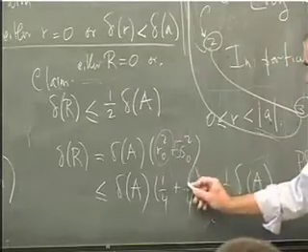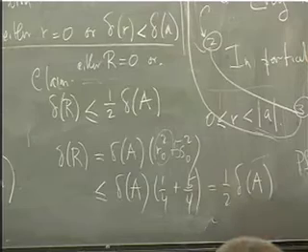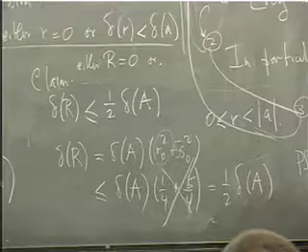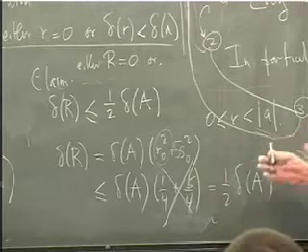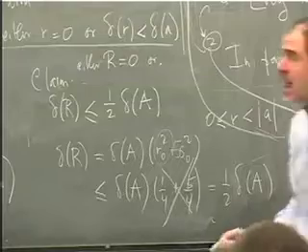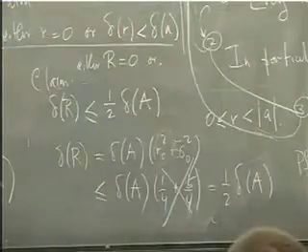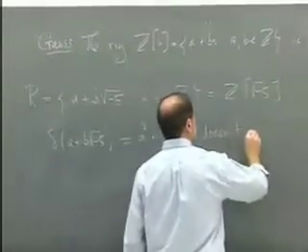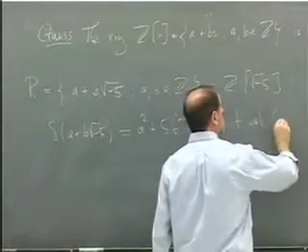And 5 times a quarter is 5/4. And this doesn't add up to a number less than 1 anymore. So your natural choice for a Euclidean size function on this ring fails. And in fact, this ring is not Euclidean. This doesn't work, at least in Gauss's proof.